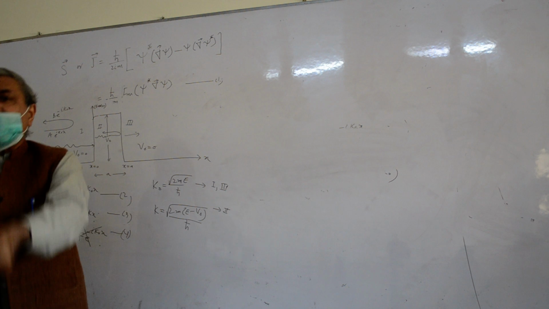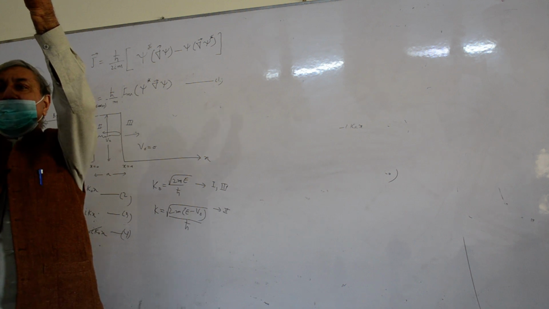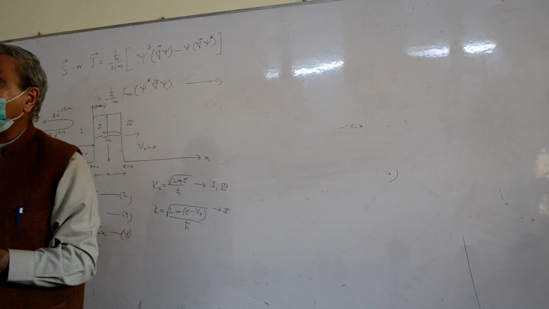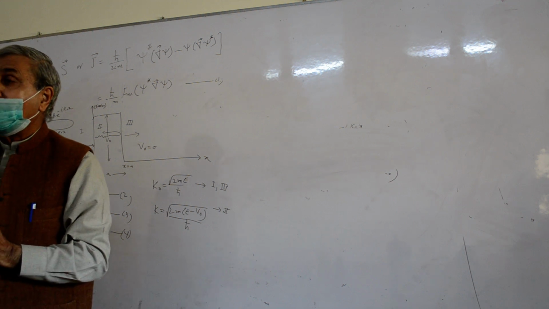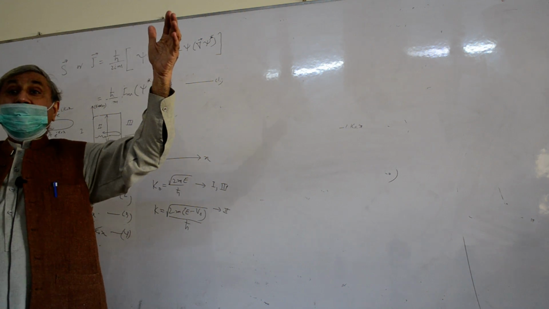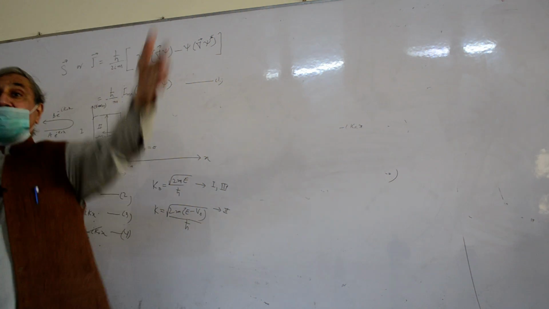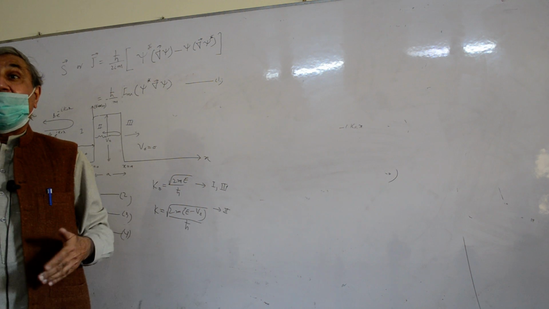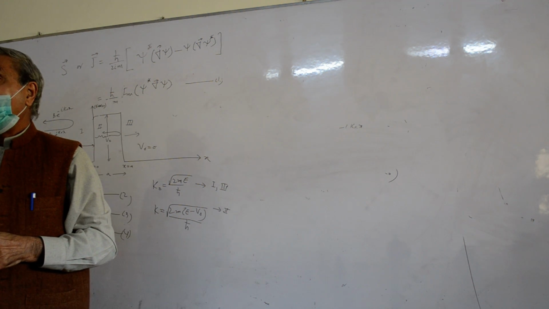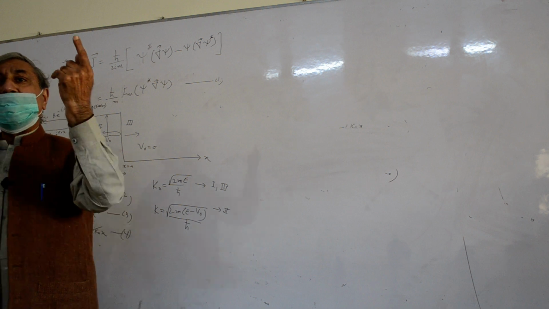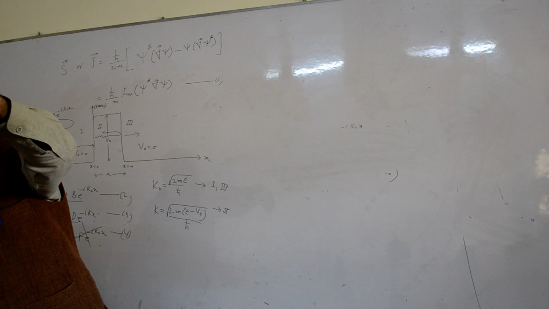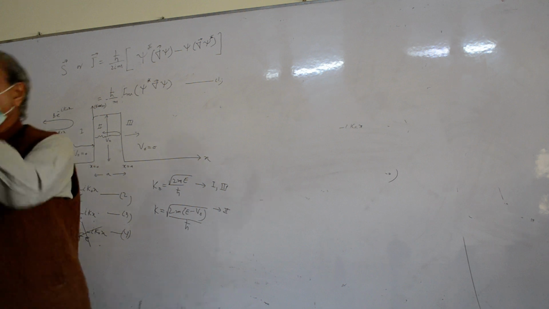Then they want to escape from the nucleus as a full unit. But outside they find a big barrier, the nuclear barrier. They cannot come out of it. How do they come out? They tunnel through it. And maybe among 1 million alpha particles inside, only 1 is emitted.